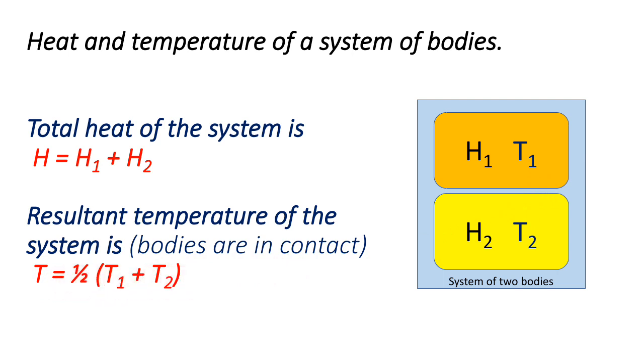Suppose those two bodies are in contact and T1 is greater, then some heat will transfer from this body to that body up to the instant when the two bodies have the same temperature.